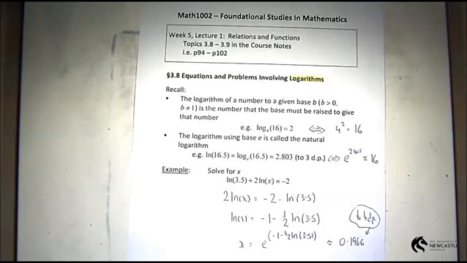That's the log law I've used there. Now, the log of this is minus 2. So this is log to the base e. So therefore, 3.5 times x squared has to be e to the minus 2.